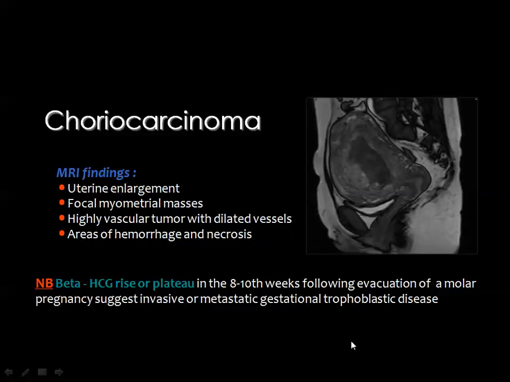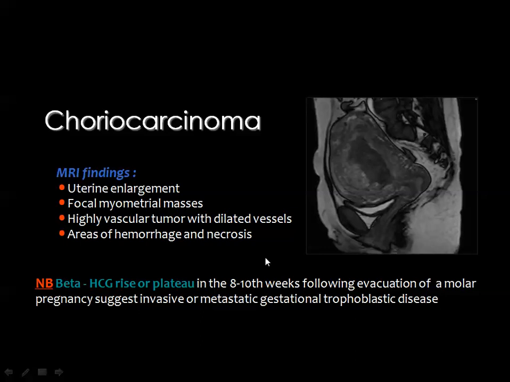By MRI, the uterus is markedly enlarged. There may be focal endometrial masses. You see these irregular masses, and the tumor is highly vascular. You can see signal void vessels, which are not evident in this case, and consequently there may be hemorrhage and necrosis.